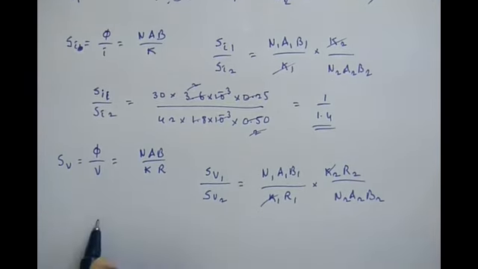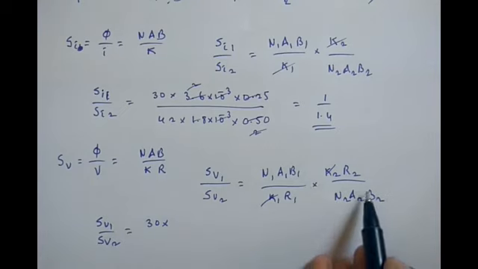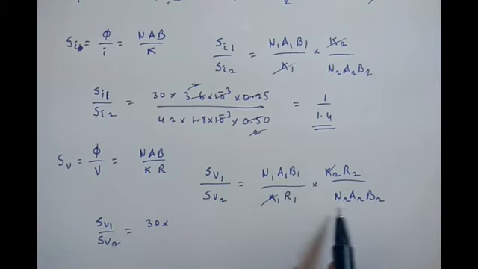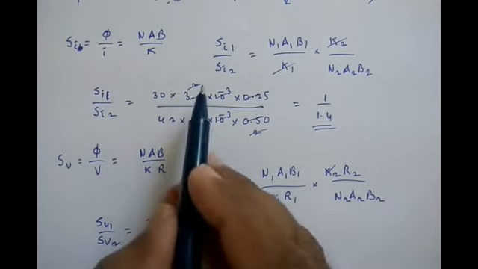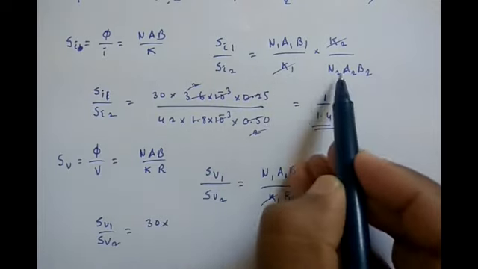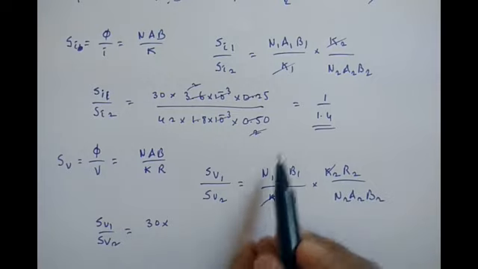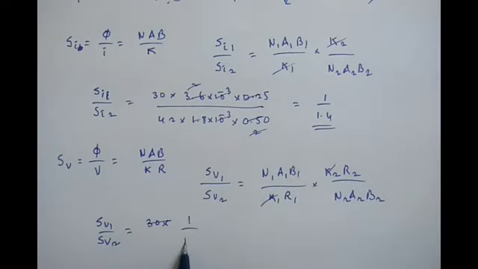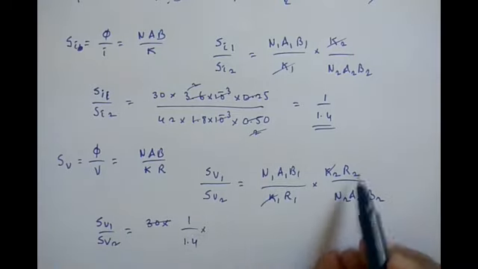Now SV1 by SV2 equals, already we have done this, N1 A1 B1 by N2 A2 B2, that we got from here, that is 1 by 1.4, and the remaining part is R2 by R1.